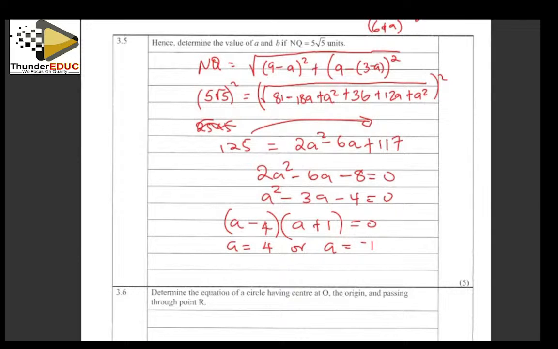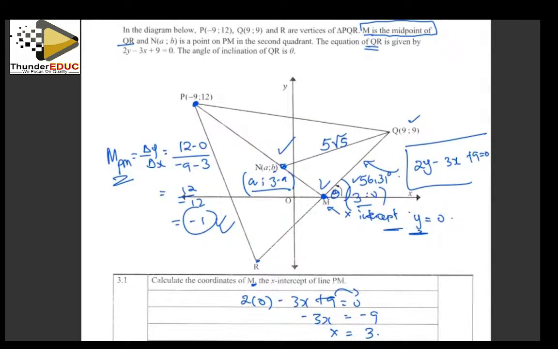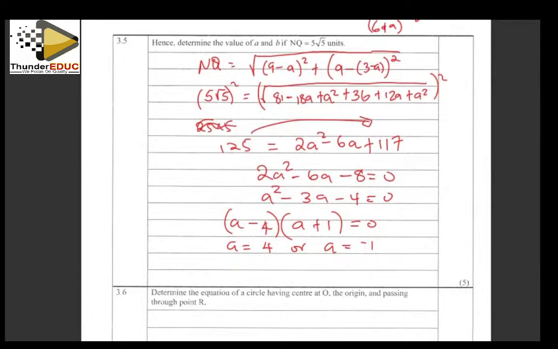But looking at the position of point A, our A has to be negative 1. So if that is true, we're going to substitute this into the formula of B. Remember we said it's 3 minus A. So it's basically 3 minus negative 1, which is 4.